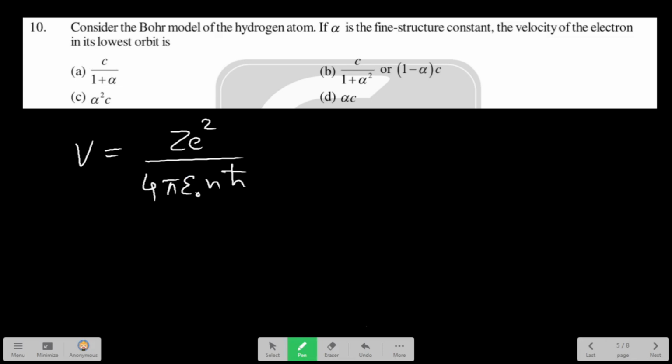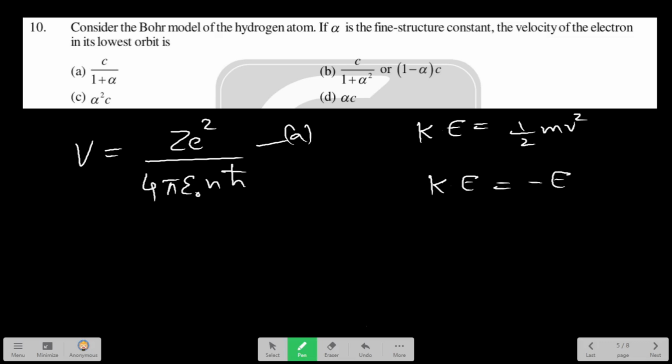Now once you get velocity, you can find the kinetic energy by using 1 by 2 mv square. You can substitute the relation for v in the kinetic energy relation, and once you get kinetic energy, you will get total energy. Kinetic energy is related to total energy in the case of hydrogen atom by the relation kinetic energy is equal to minus of total energy.